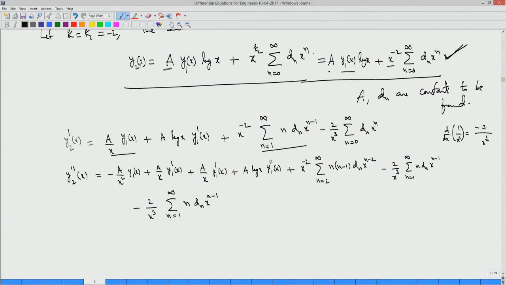So you have 3x squared over x power 6, that is minus 3 by x power 4. That's why you have minus 3 into 2, so you have 6 by x power 4.